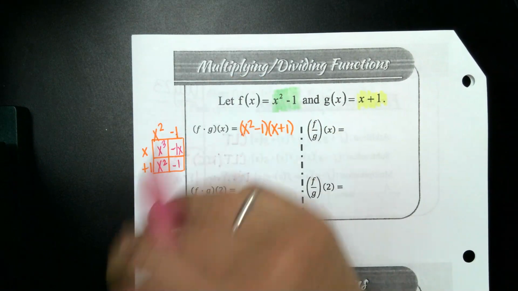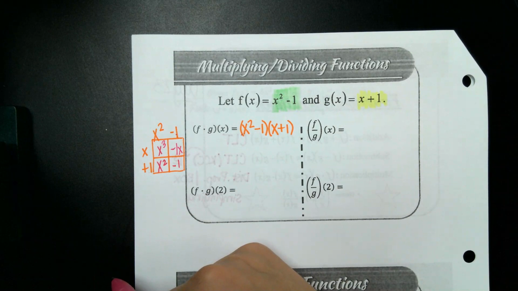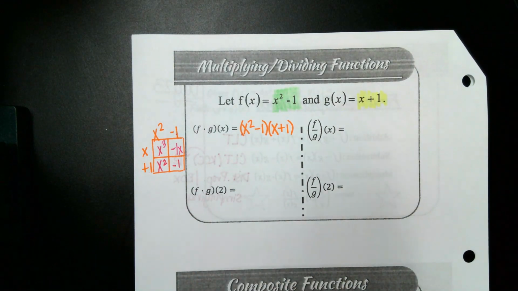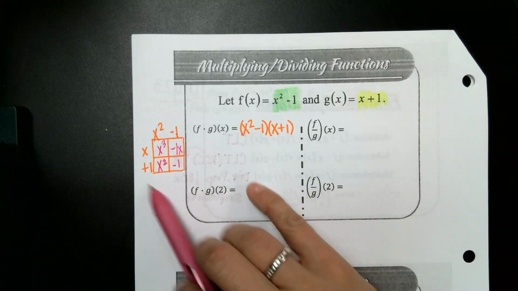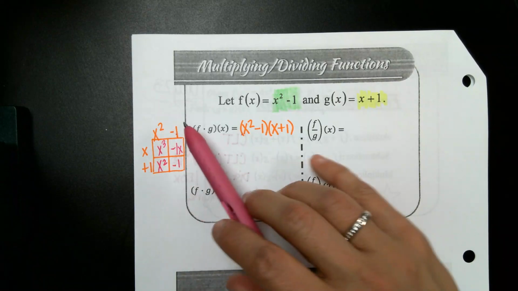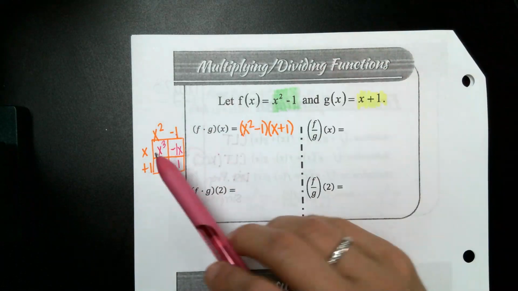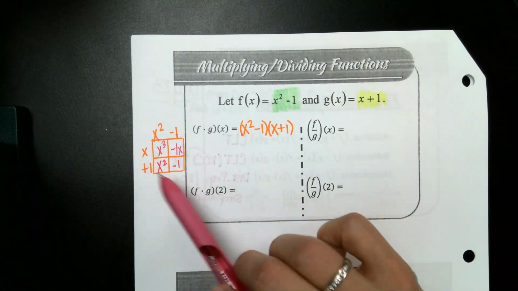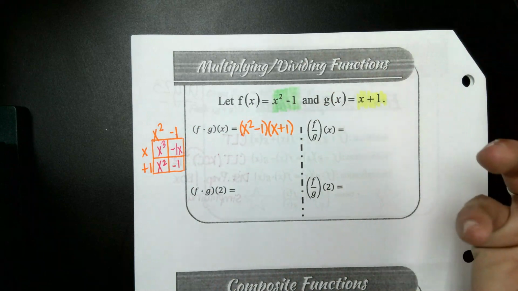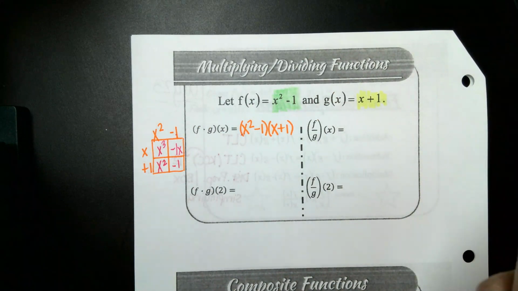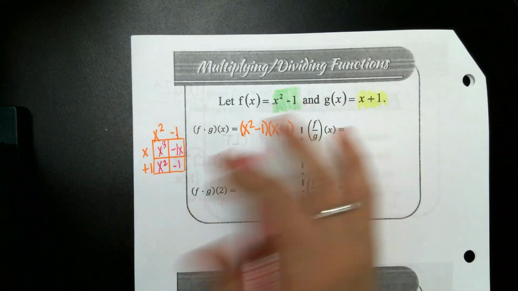Negative 1. Okay, when you guys go to write out your answer, normally when we do a box problem, aren't there some like terms somewhere? I mean, normally there are, but are any of these like each other? No, none of them are like each other. So all we have to do is list out all 4 terms.